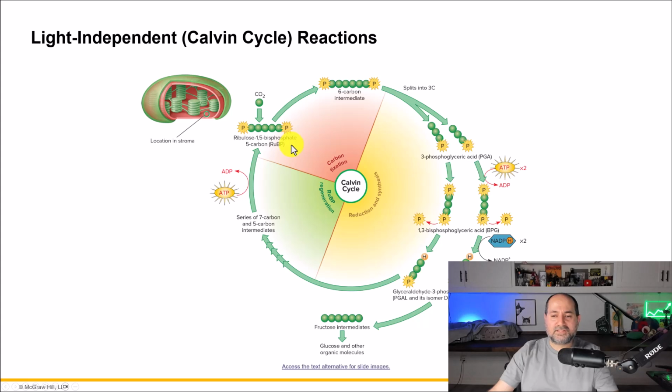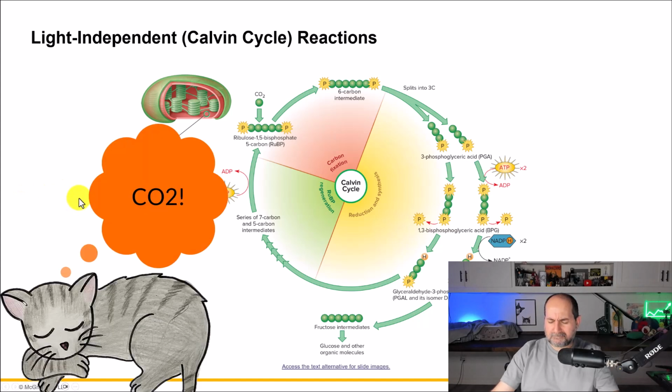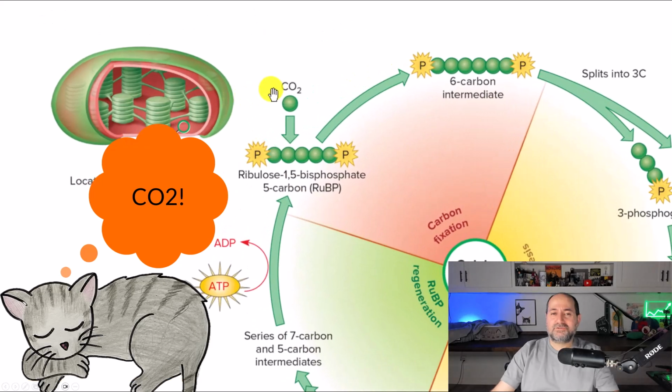Remember, what is required for the Calvin cycle? How about the ATP that you made during the light reactions? How about the NADPH that you made during the light reactions? And what else is required for the Calvin cycle? What else is a reactant? That's right, CO2, obviously.